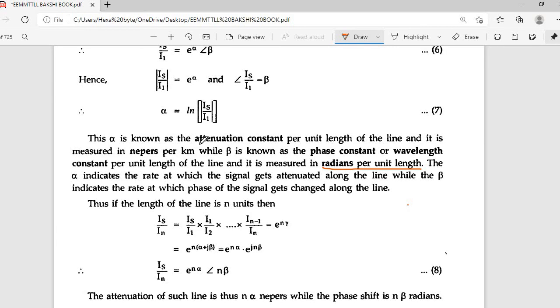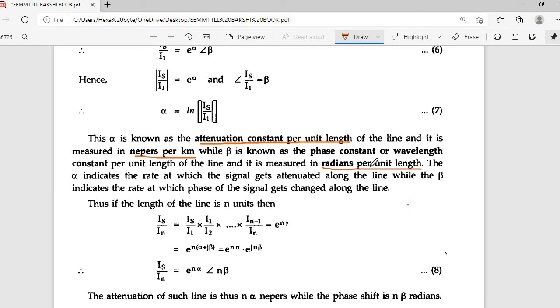Attenuation is the attenuation constant per unit length of the line. The units are Nepers per kilometer.